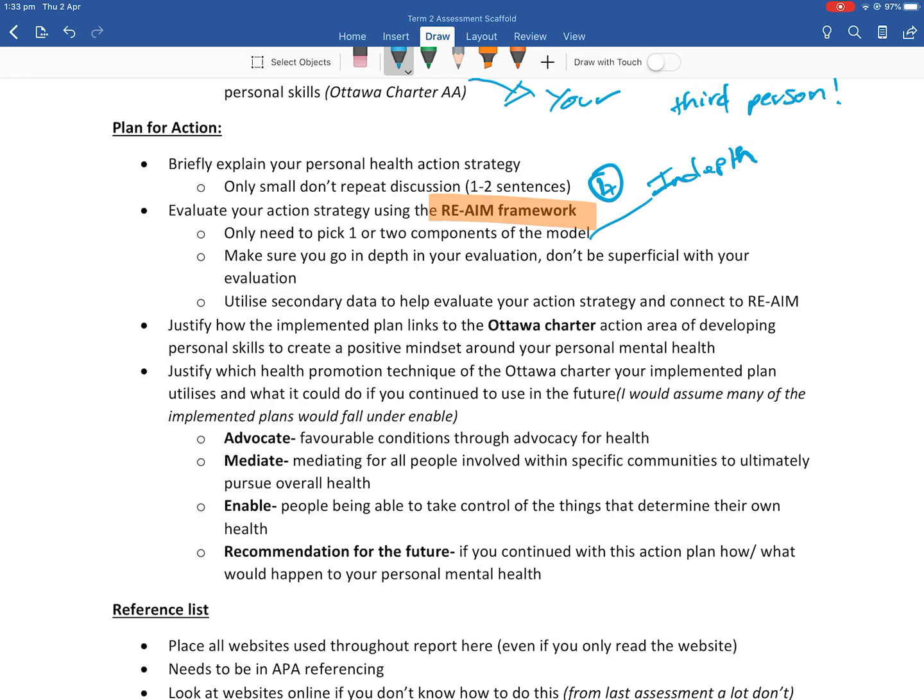So you need to say pretty much how has your action plan helped you develop education, your own, in relation to mental health. Has to be in relation to that. So it's not about developing your education around the app. It's around developing your education around mental health.